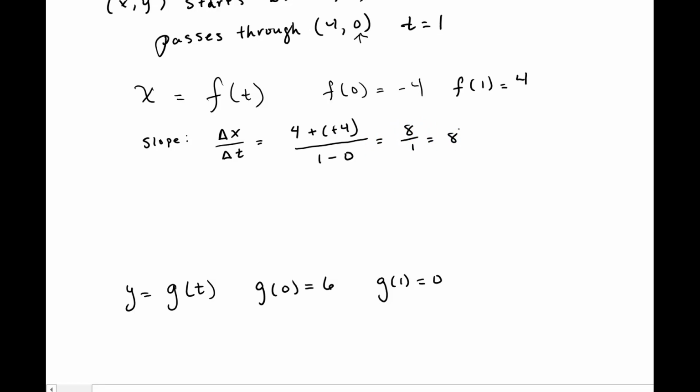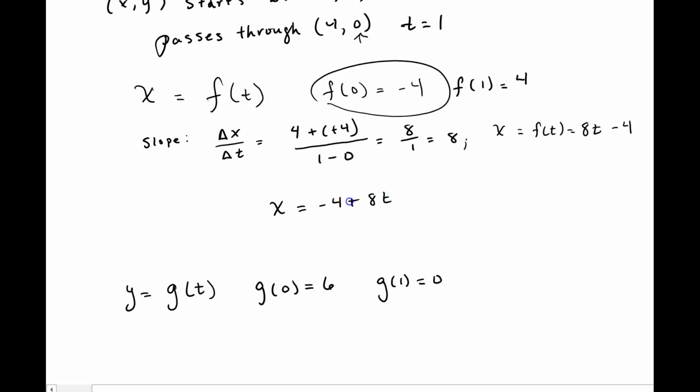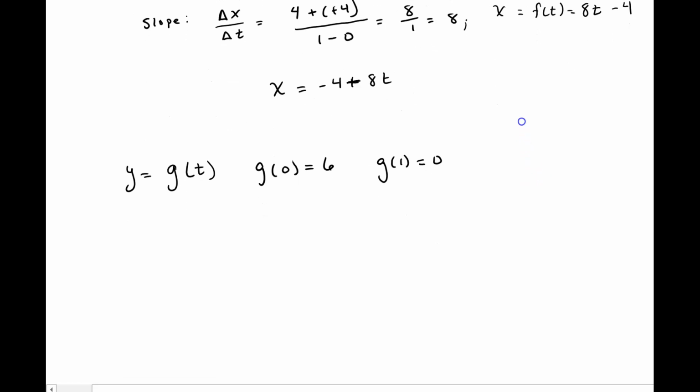The slope here is 8. So if I take x equal to f of t, I get a slope of 8, 8t, minus 4, my y-intercept. You can write it in parametric form as negative 4 plus 8t. There's your parametric equation there.